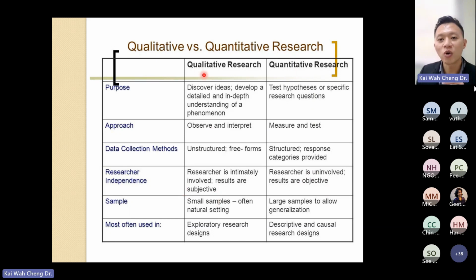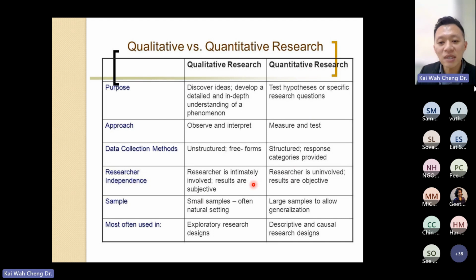For qualitative research, you will get the output from interviews, discussions, or conversations among a group of people. So the outputs may involve some personal thinking, personal experience, or personal feelings. So the output from a qualitative research is more subjective as compared to quantitative research.